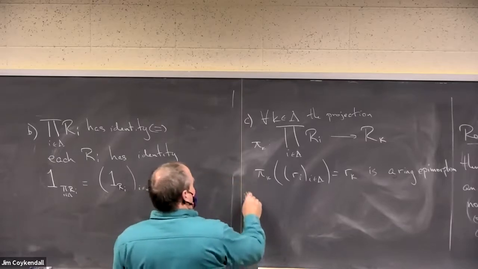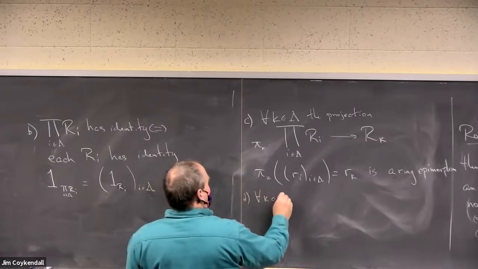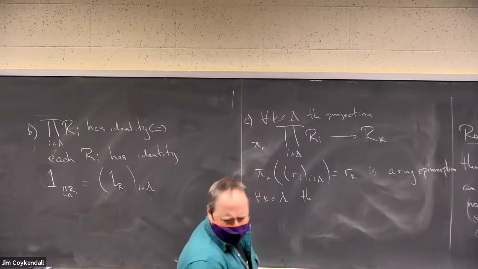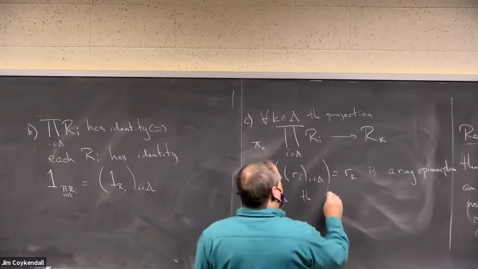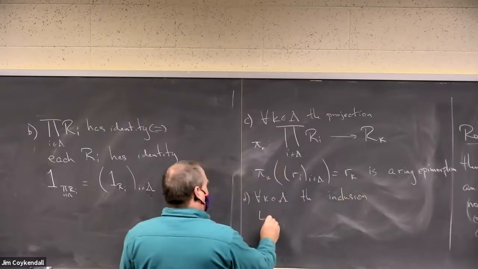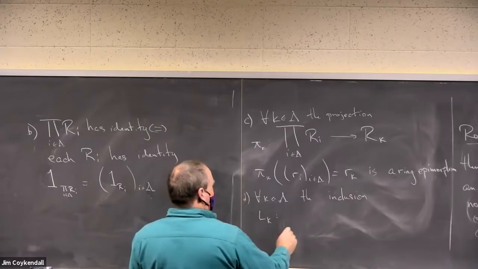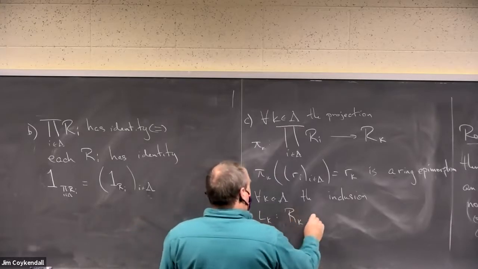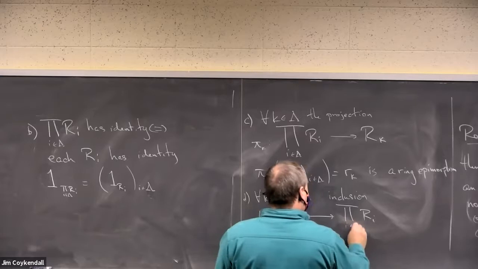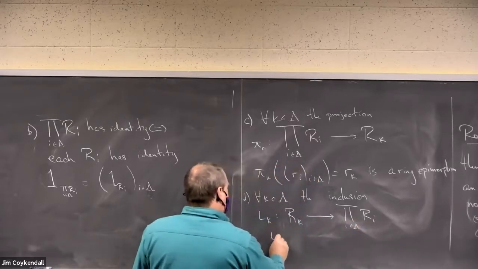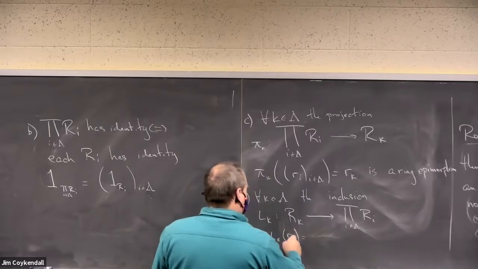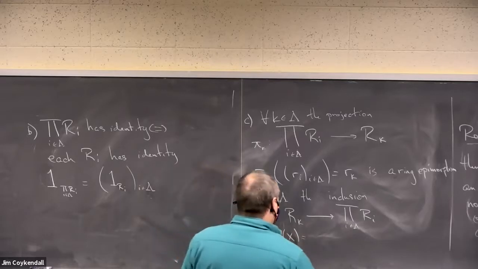And D, for all k in the index set, the inclusion iota_k that goes from R_k into the direct product is given by iota_k of r.